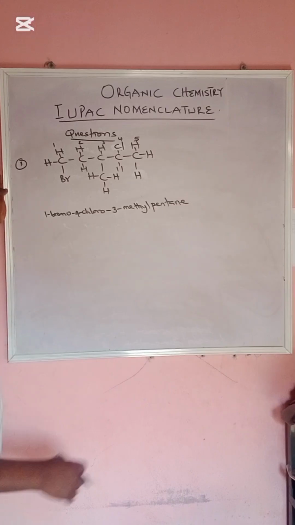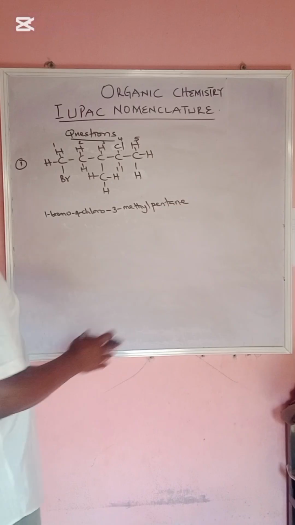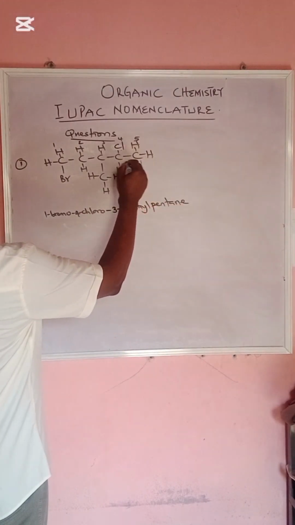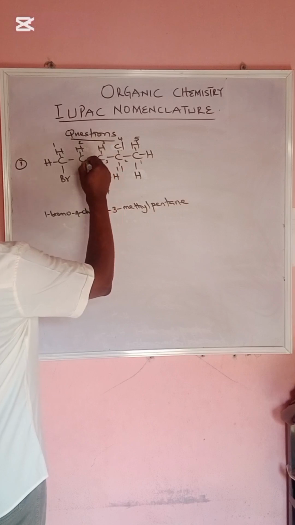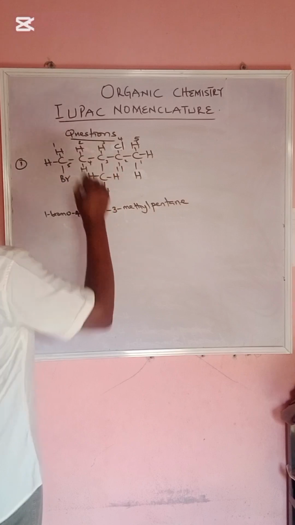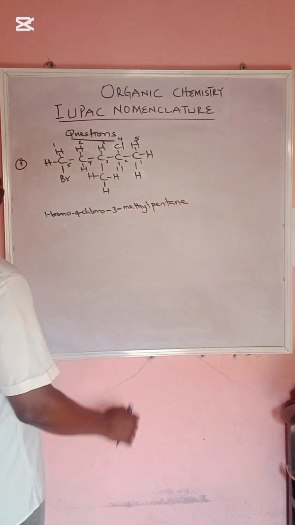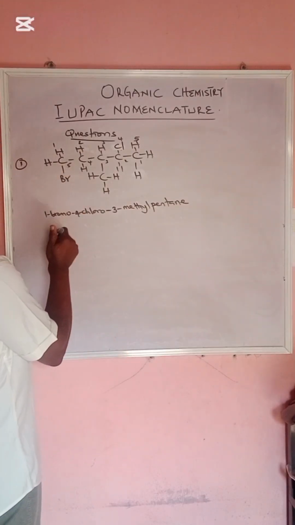That was counting from left to right. So let's see right to left. This one will be 1, this will be 2, 3, 4, and 5. So the parent name still remains pentane. Bromine is attached to carbon 5, so it will be 5 bromo.